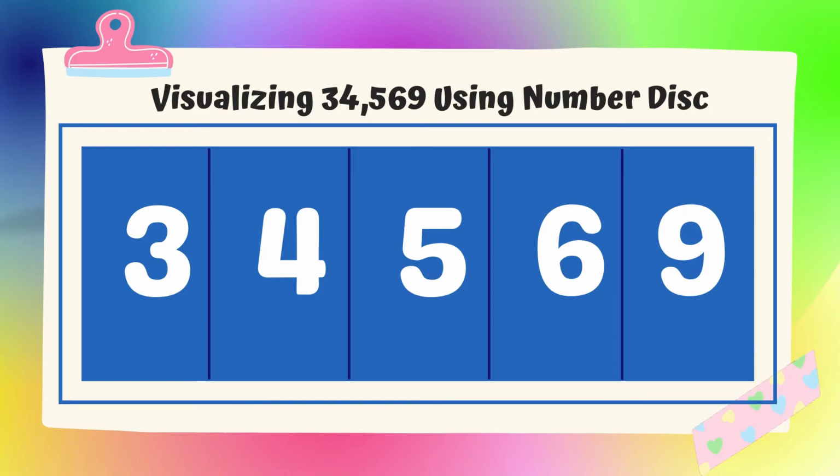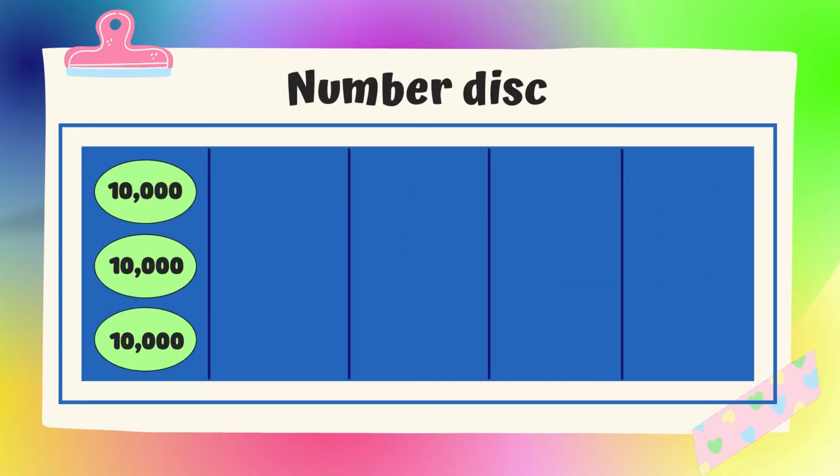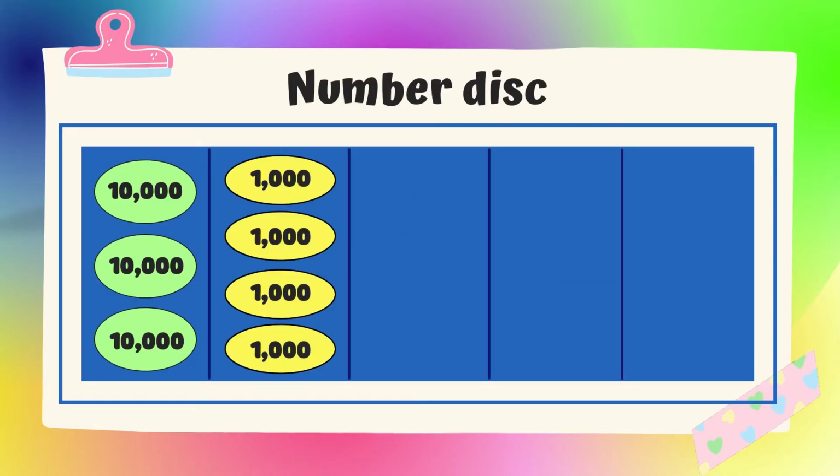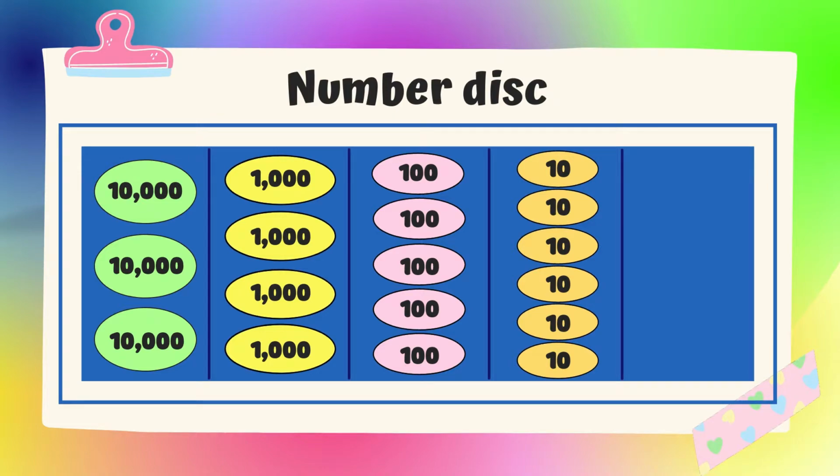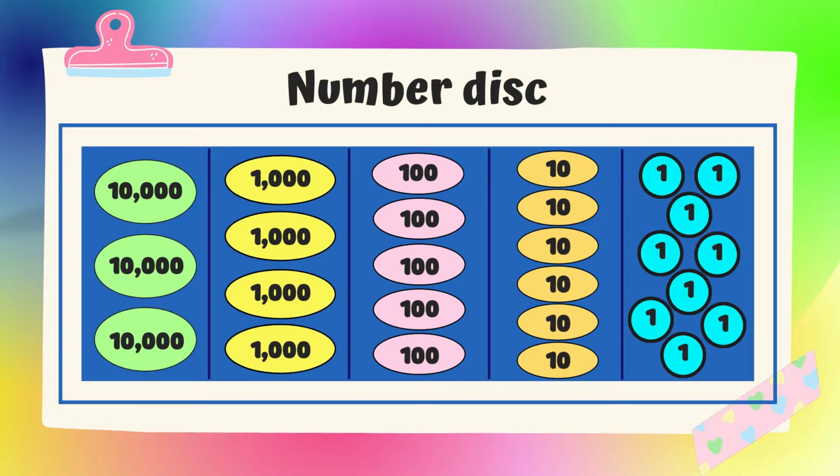34,569 is? Let's visualize 34,569 using number discs. First, let's separate or group the discs by 10,000s, thousands, hundreds, tens, and ones. So, we have 3 10,000s, 4 1,000s, 5 100s, 6 tens, and 9 ones.